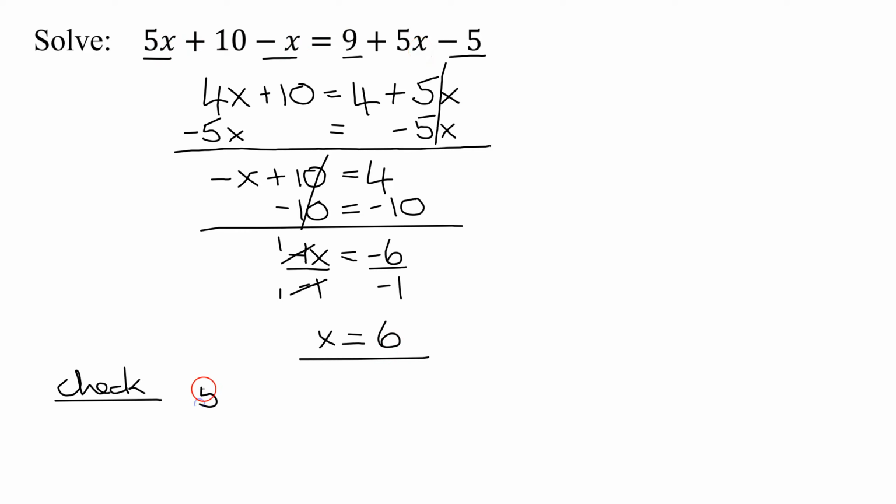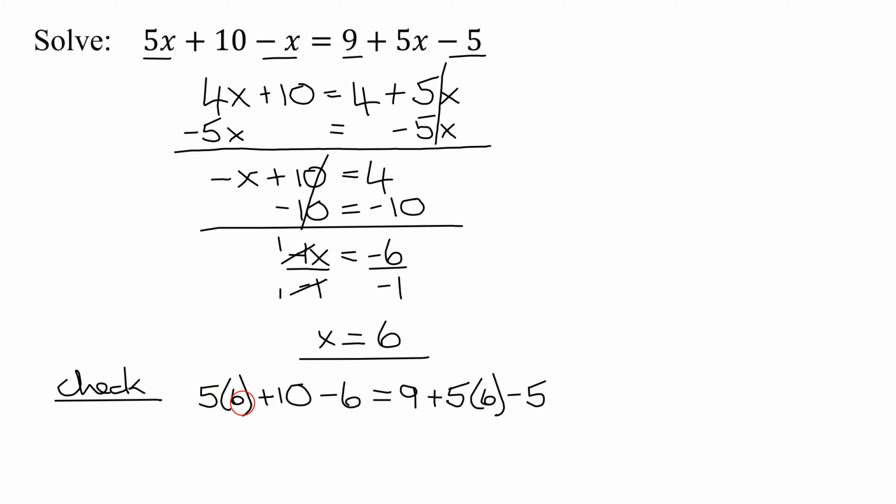So I'm going to get 5 times x, which is 6, plus 10, minus x, which is minus 6, should equal 9 plus 5 times x, which is 6. Finally, minus 5. And if I get a true statement, I know I did the problem correctly.